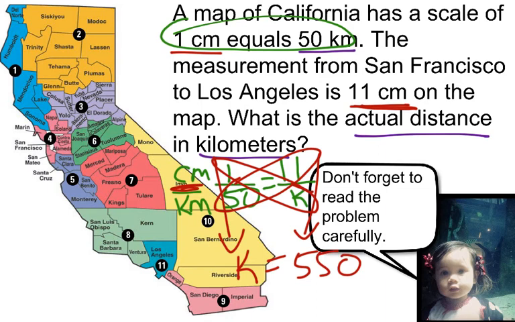So in this case, I know that the actual distance from San Francisco to Los Angeles is approximately 550 kilometers. Don't forget to always read these problems very carefully to make sure you're setting up the proportion correctly. And once you do that, cross products can help you get a nice algebra problem.